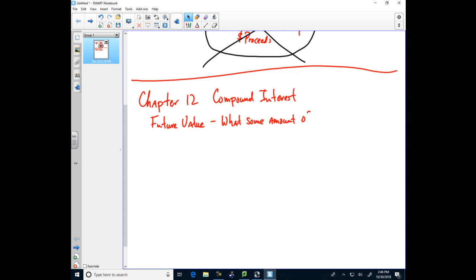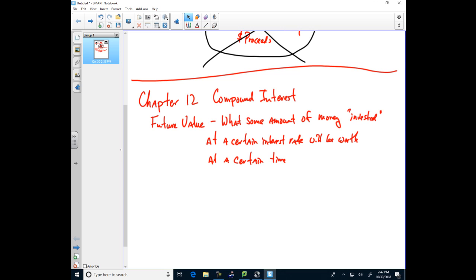What's some amount of money I'm going to use the word invested at a certain interest rate will be worth at a certain time in the future. That's why they call it future value.